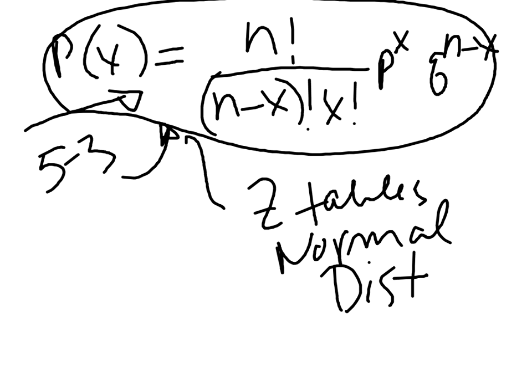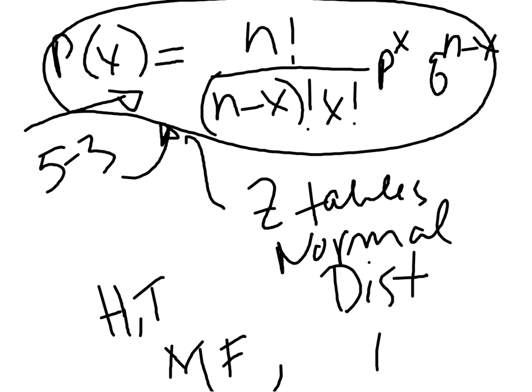The outcome of each trial must be independent. This is stuff that we did. The simplest one would be like heads or tails, male or female when we're talking about children in a family, or taking a test where the two possible choices are true and false.